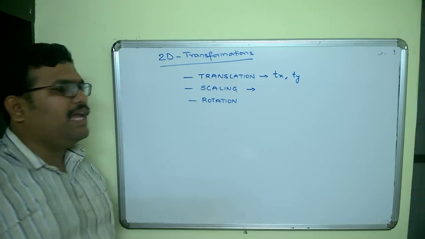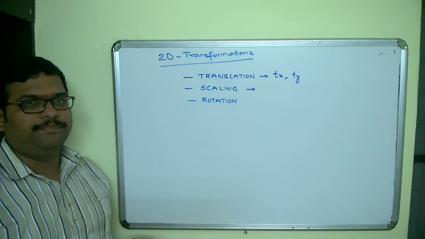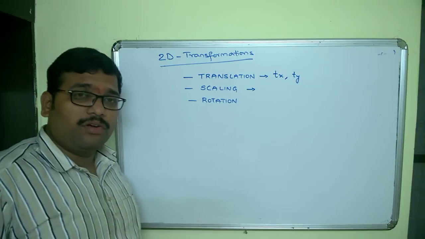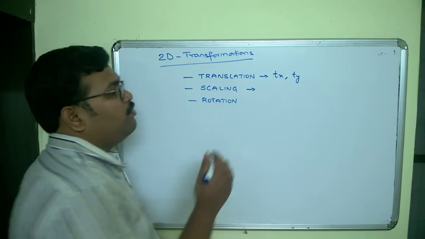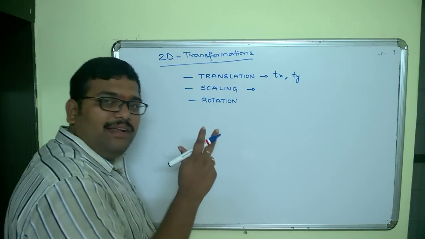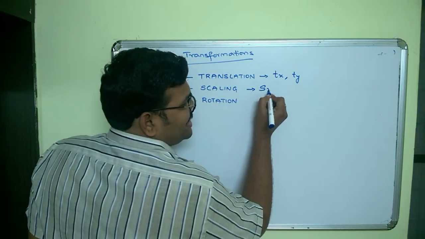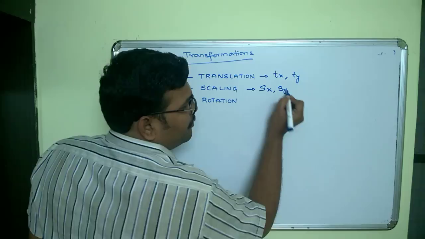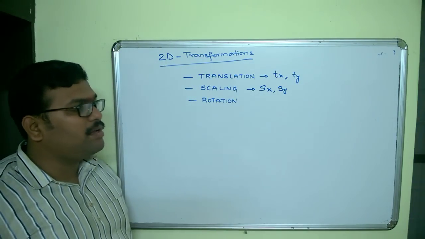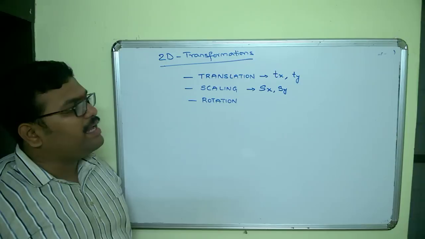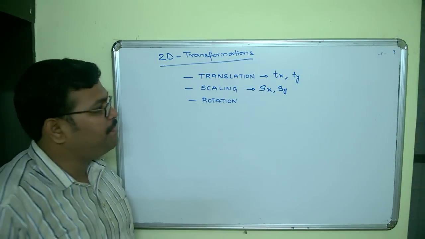Coming to scaling, it means resizing the object. Here also, in order to resize the object, either to maximize or minimize, we require two scaling parameters, denoted by Sx, Sy. Sx is the scaling parameter with respect to the x-axis, and Sy is the scaling parameter with respect to the y-axis.